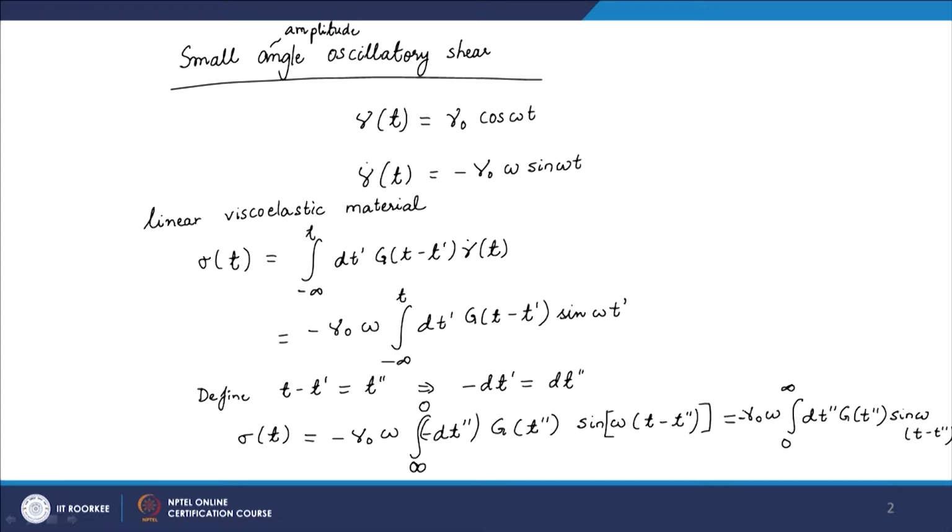And if I do the math, sigma t, if I reproduce the same result here, is minus gamma naught omega, 0 to infinity, dt double prime, g of t double prime, times sine omega (t minus t double prime).